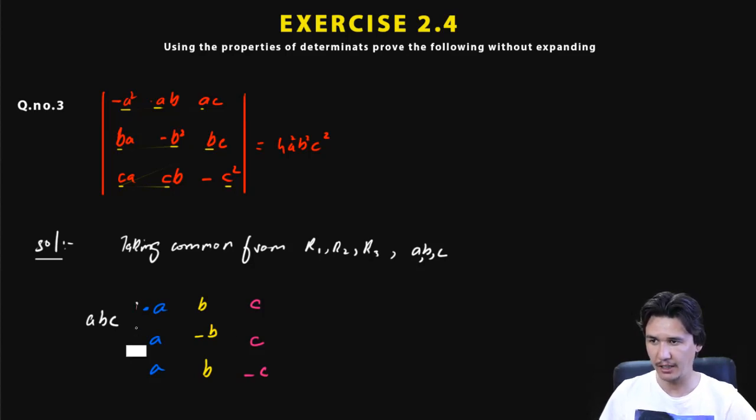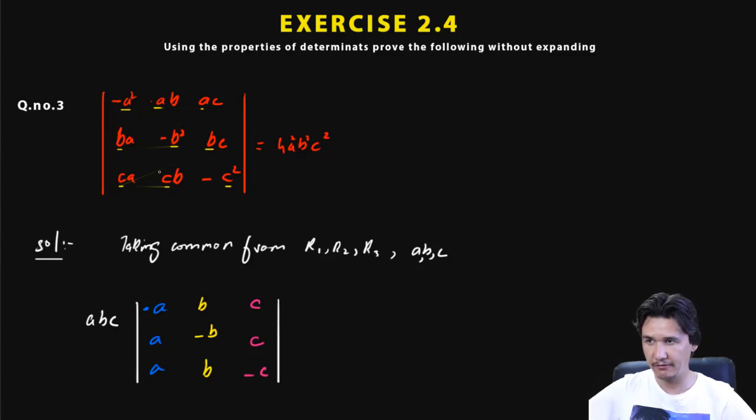I am going to show you what happened here. We took a from row 1, so taking a we get minus a, b, c remaining. From row 2 we took b common, so we have a remaining, minus b remaining, and c remaining.